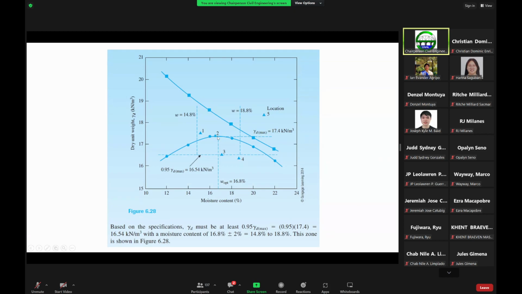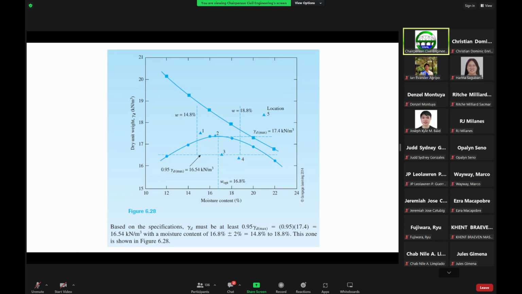Then location two is also okay. It's within the specified moisture content range. Again, in practice, this is really the specification that we use, plus minus 2%. Also in the technical reports we prepare, it's really plus minus 2%. And it's also above 95% of the maximum dry unit weight.